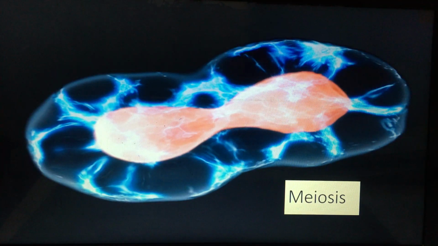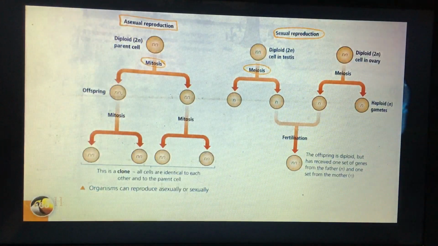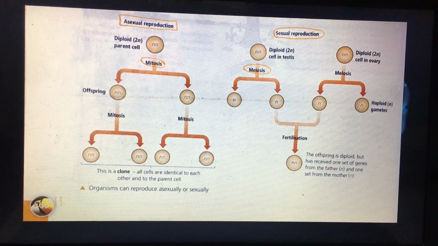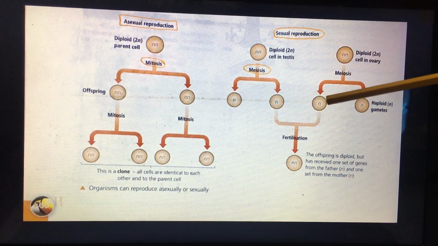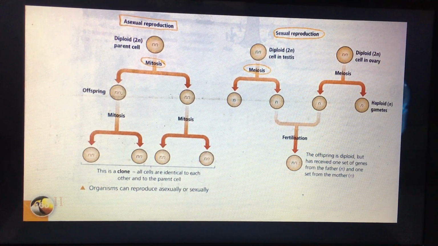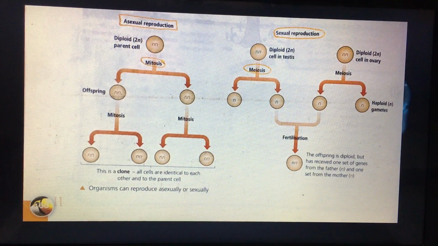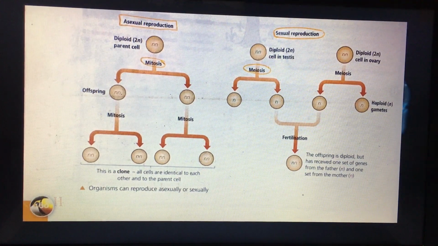Okay, now let's start with the second type, which is meiosis. You know that during sexual reproduction, two gametes fuse to form the zygote. So we have two gametes, they fuse to form a zygote.